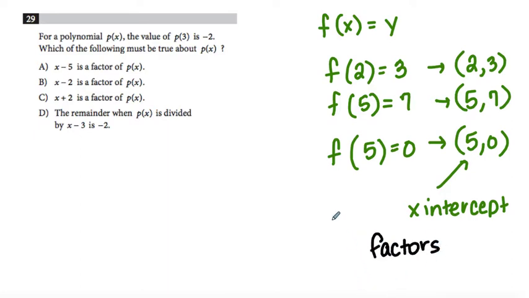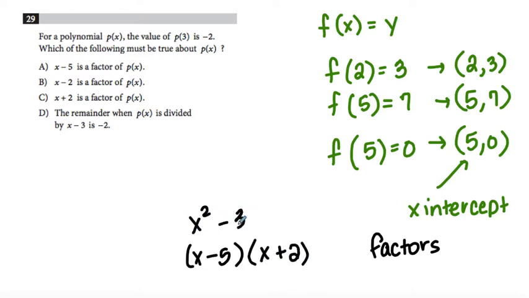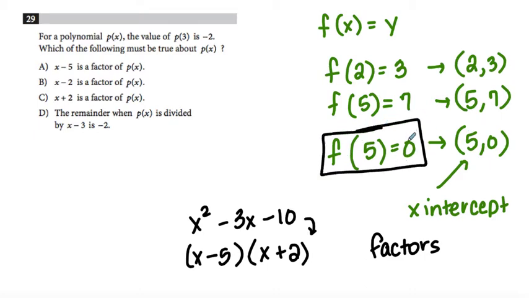Remember when we factored polynomials and we ended up with x minus 5 and x plus 2, those were factors of x squared minus 3x minus 10. Those were factors of this polynomial, and they represented the x-intercepts of the graph. So if we have function notation where the output is 0, then we know that 5 is a factor of the polynomial.